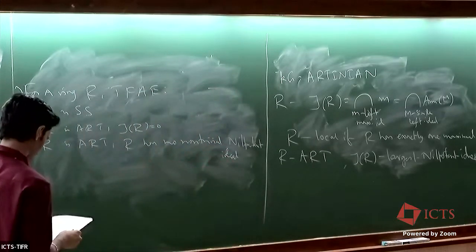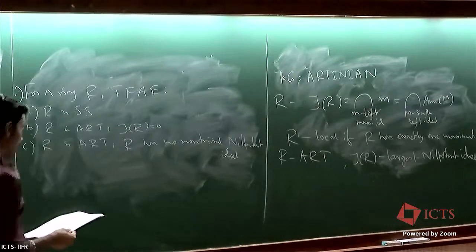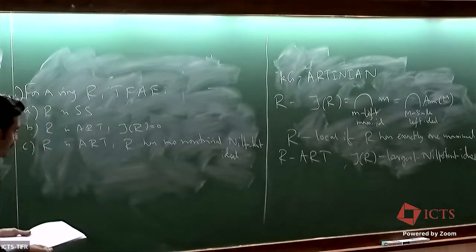Okay. So one can say that R is simple if and only if R is Artinian and R has only one simple ideal.